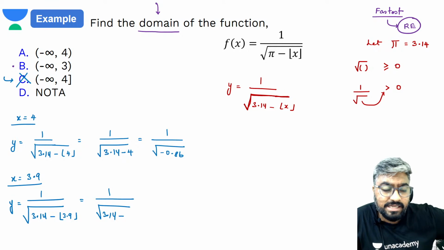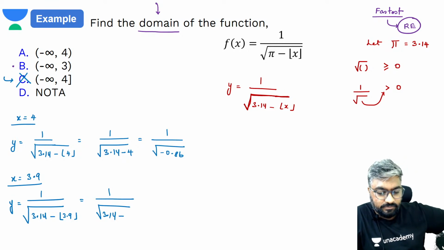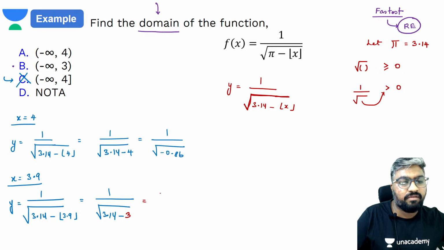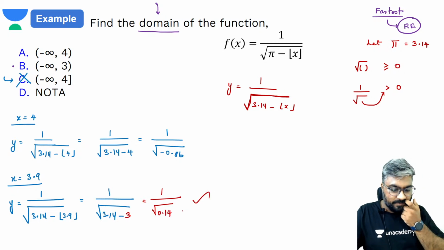Not the nearest, the greatest integer. 4 or 3? It's 3. So in the denominator we have square root of 0.14, which is allowed.